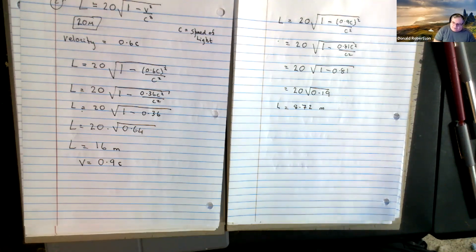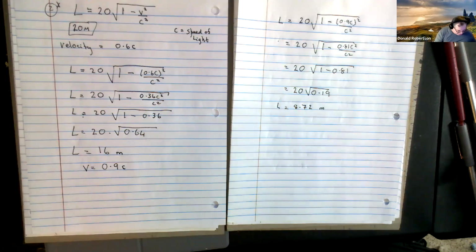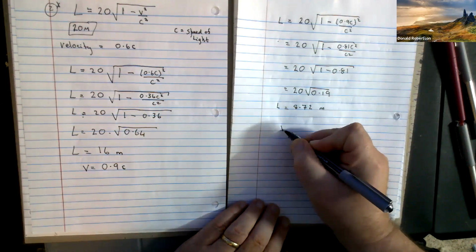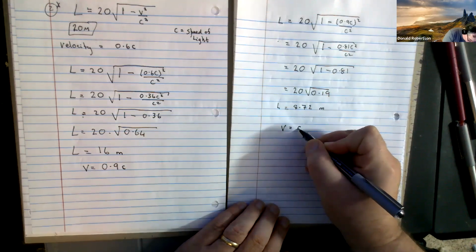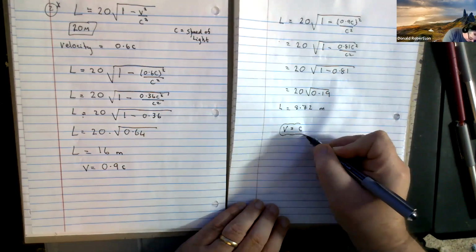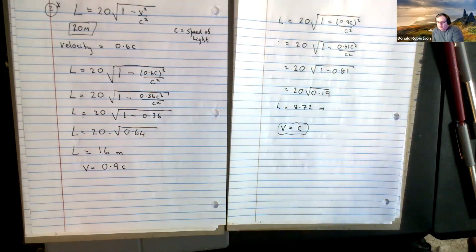If you go even faster, and then faster and faster, right? They don't ask this question, but I'm interested in it because I want to see what happens if you go the speed of light, not half the speed of light or 0.6 or even 0.9, but the speed of light.